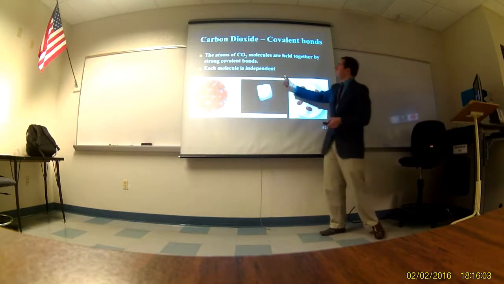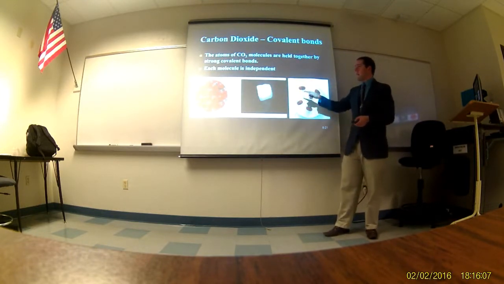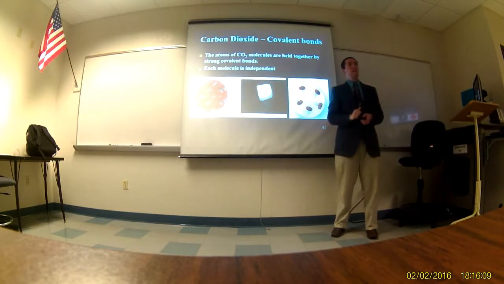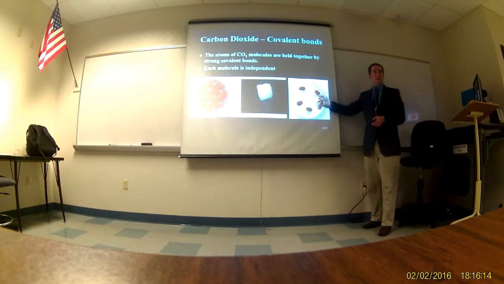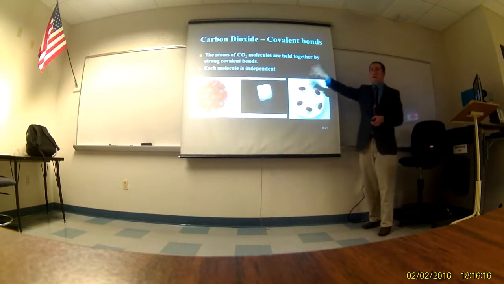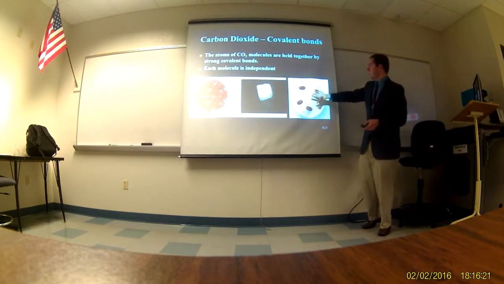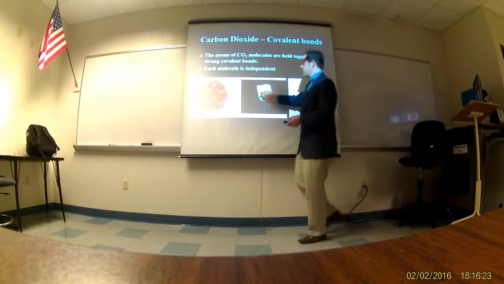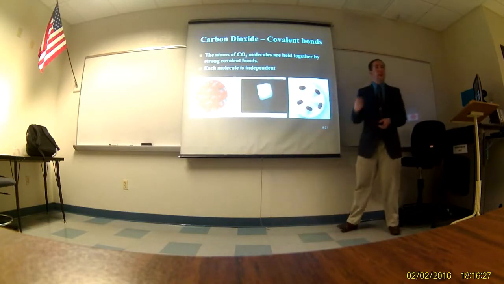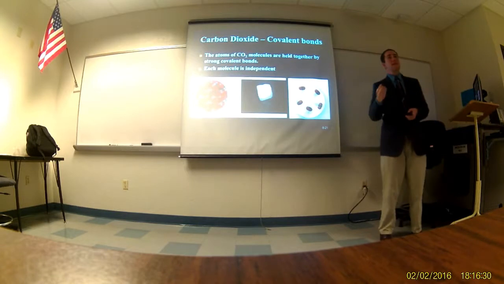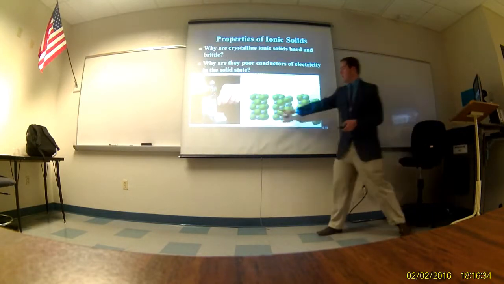In a covalent compound, every molecule is independent of each other. This one doesn't even know that one exists. So this molecule can go anywhere it wants. This one can go anywhere it wants. In the gas, solid, and we'll call this liquid also over here, in any state, every molecule is completely independent of each other. And that's different than this.